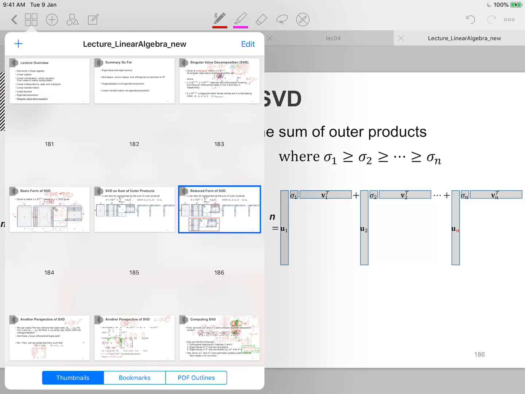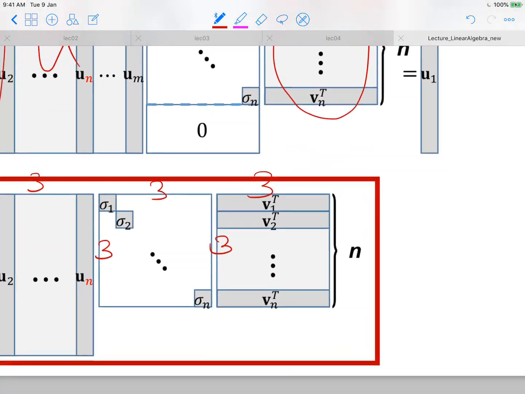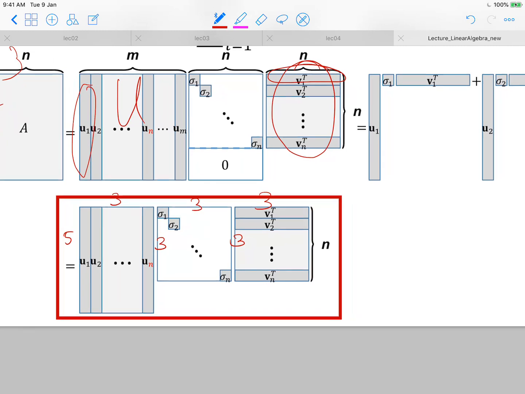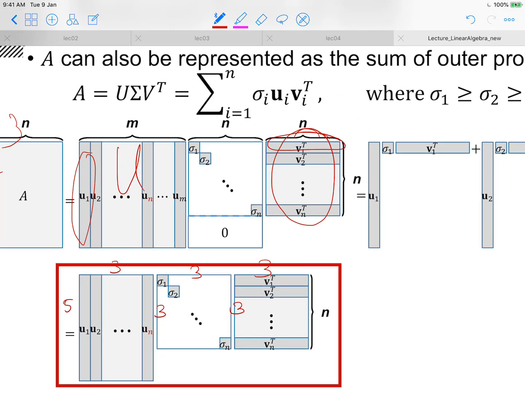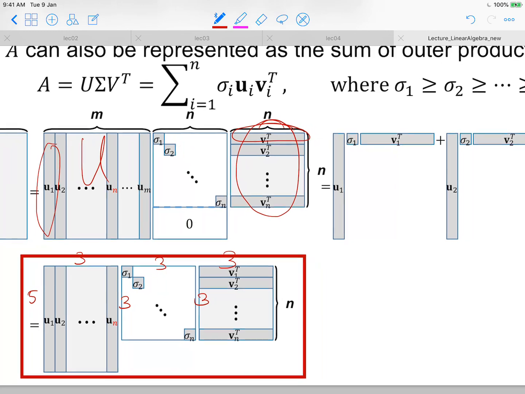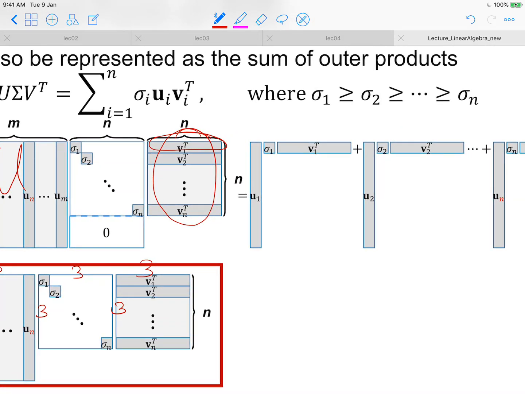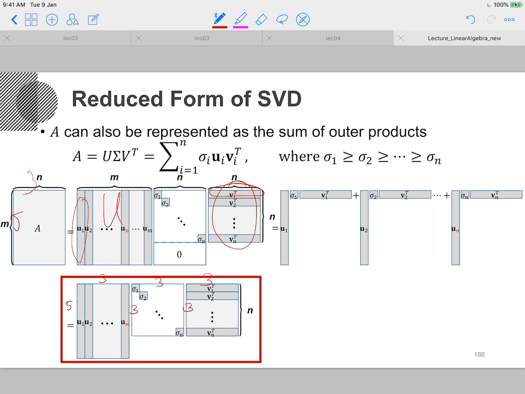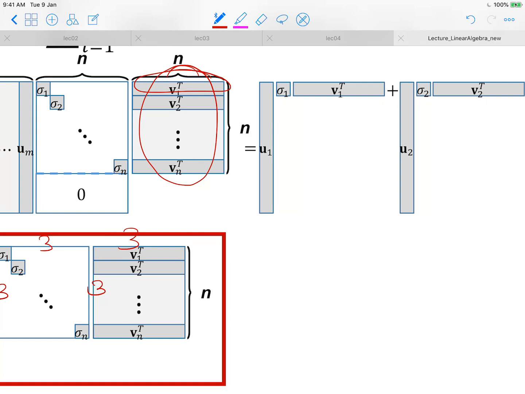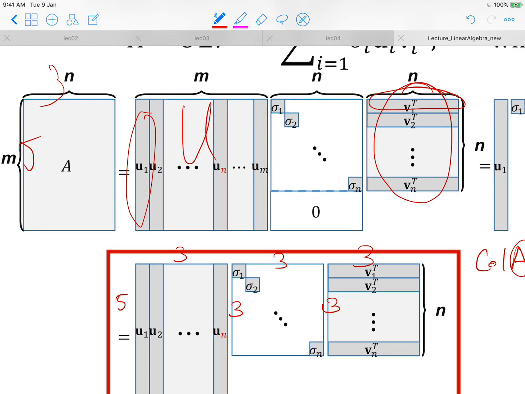Then let's see. From the perspective of this reduced SVD form, there are some interesting characteristics we have to keep in mind. We still use the running example of a 5 by 3 matrix. Let's look at the column space of A. A is a 5 by 3 matrix, so we have 3 columns.